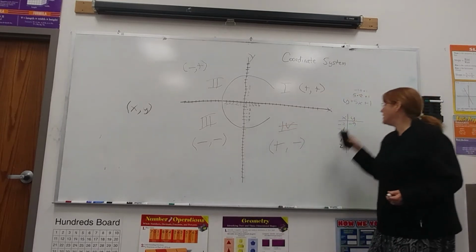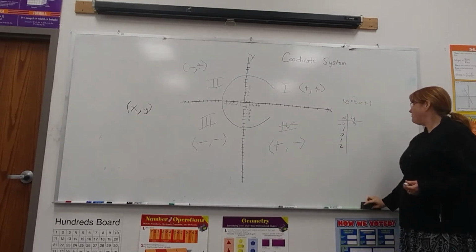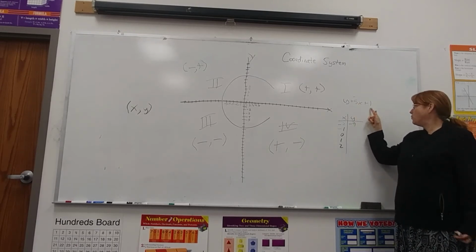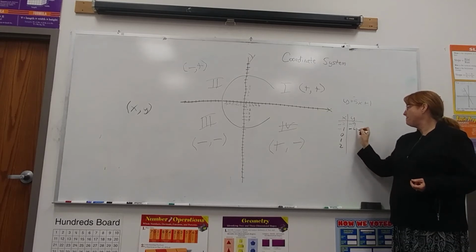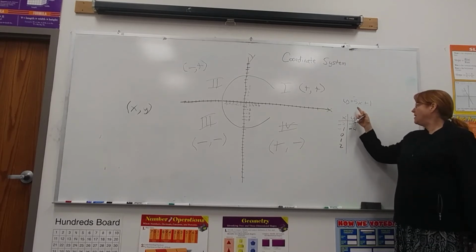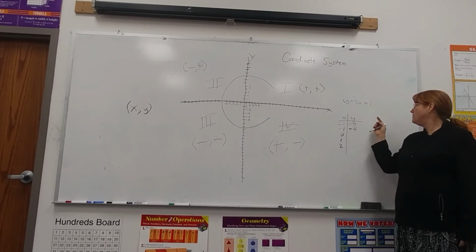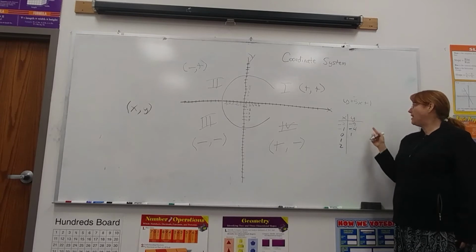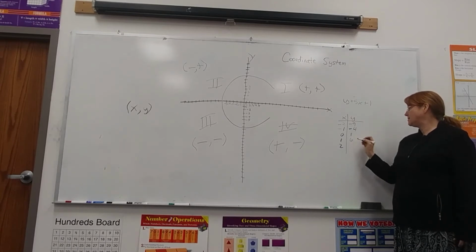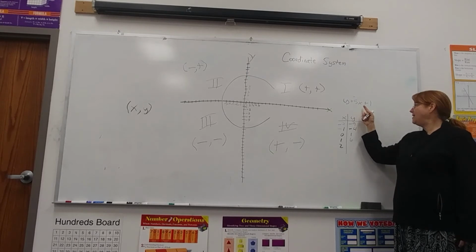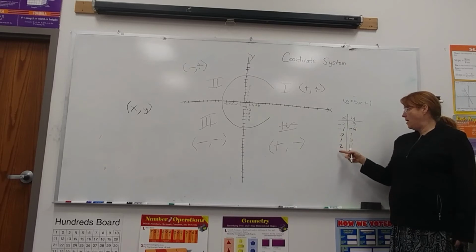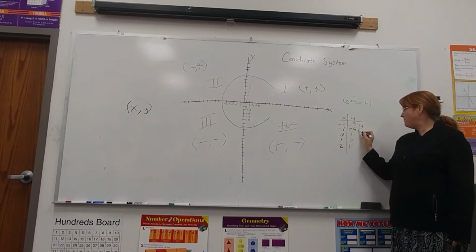And we can do that without writing it down. 5 times -1 is -5. -5 plus 1 is -4. 5 times 0 is 0. 0 plus 1 is 1. 1 times 5 is 5. 5 plus 1 is 6. 2 times 5 is 10. 10 plus 1 is 11. Now if you look, these go up by 1. These go up by 5 each time.